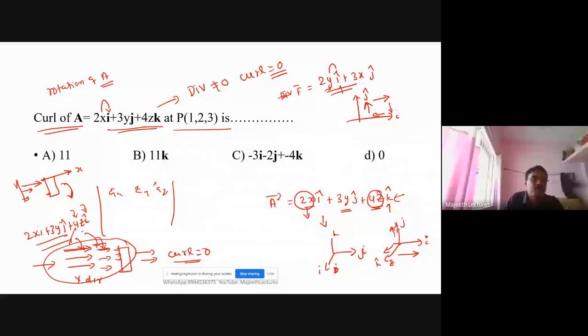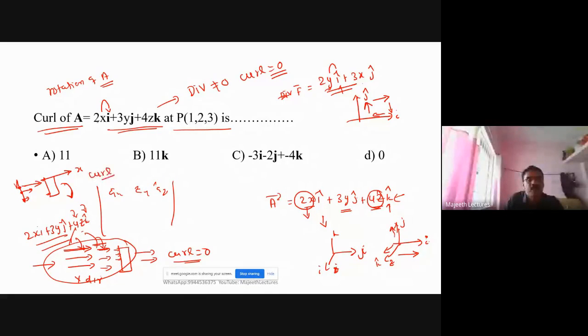Both are perpendicular. The vector and the component are perpendicular to each other, so it has curl. Here the vector is i, the component is x, that is j. So both are perpendicular, right? So it has only curl.